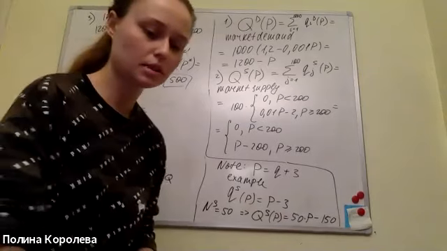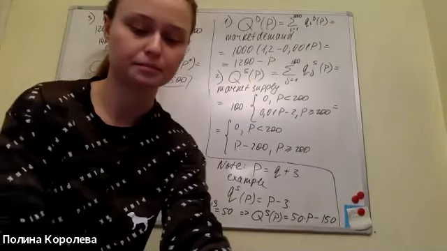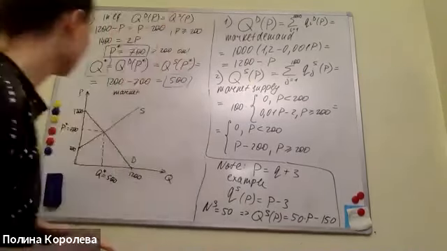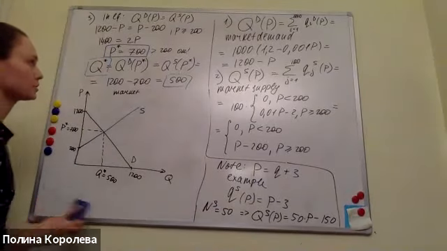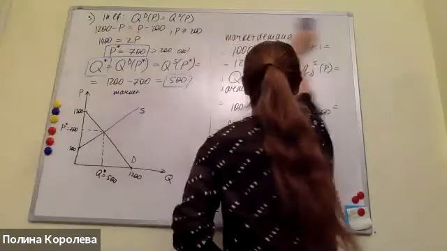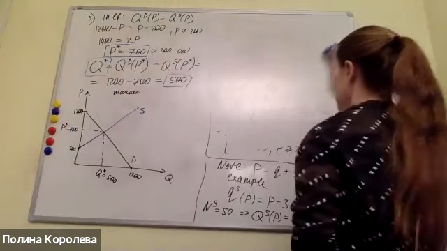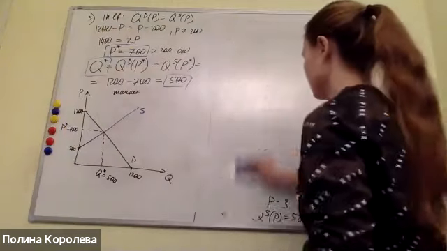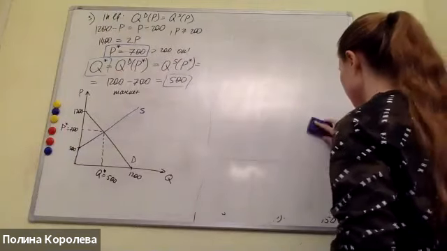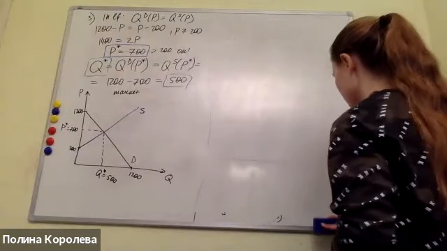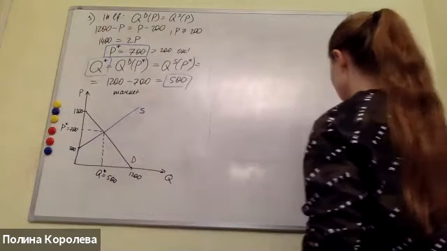Then, in this task, we are asked to show consumer surplus and producer surplus. What do we know about consumer surplus and producer surplus? Consumer surplus is the sum of the net benefits of all our consumers.